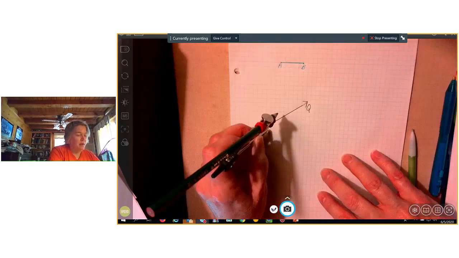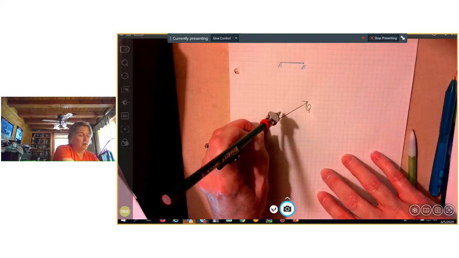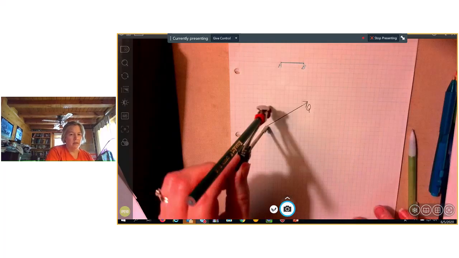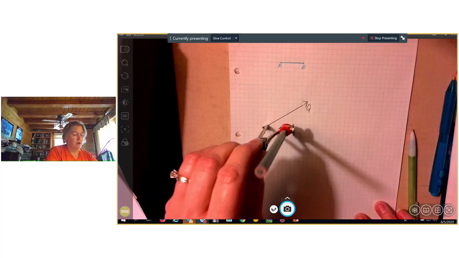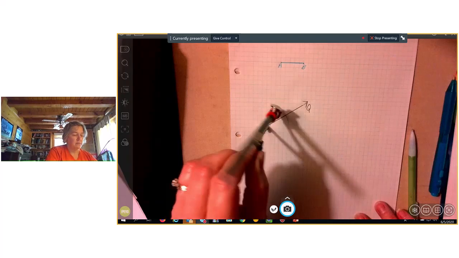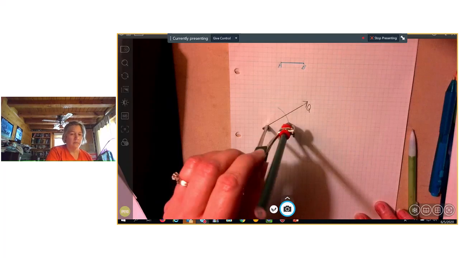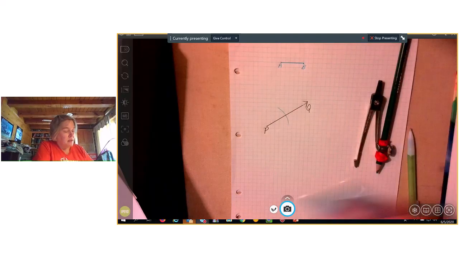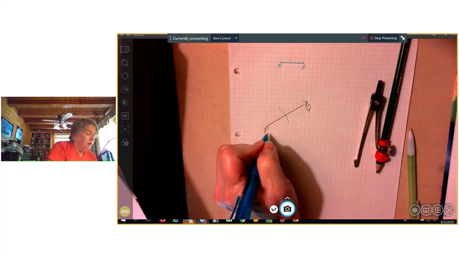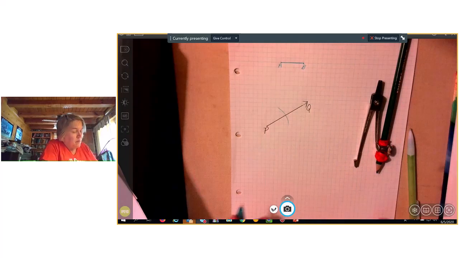Then I come down here and put my point on P. Does everybody see that? Then I swing an arc. This point can be called R.